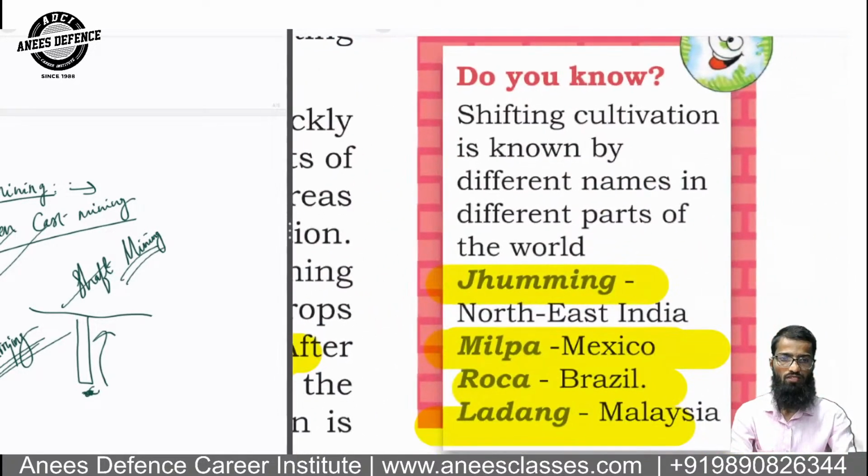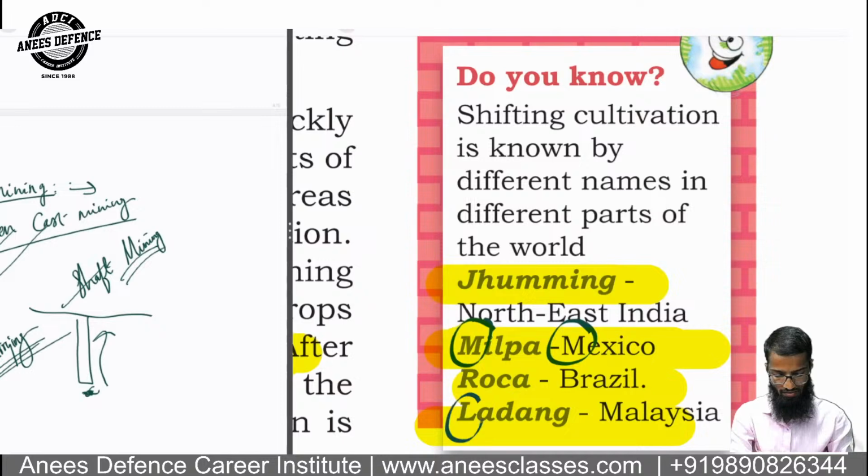So remember these names. So this zoom cultivation is also called slash and burn; in Northeast India we call it zoom, in Mexico we call it milpa, and in Brazil roca. Right? Milpa, Mexico, both start with M, so you can easily remember.